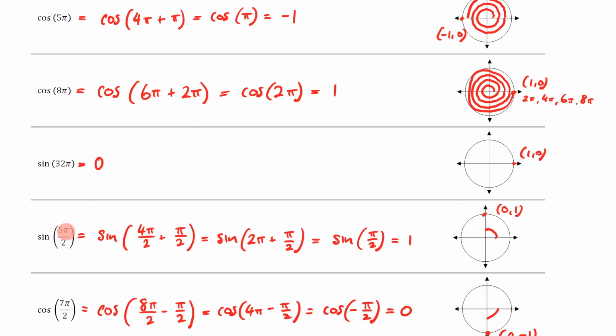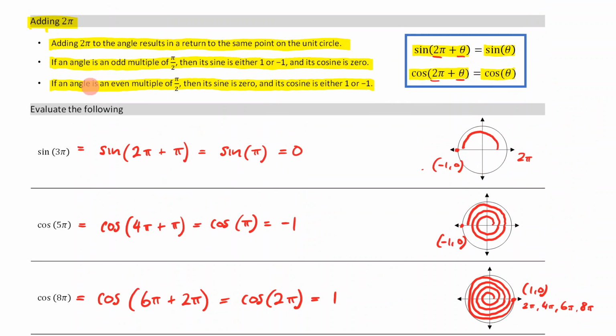And you can immediately say, well, sine of 5 pi on 2, I'm either going to be here or here. And because it's sine, I know that it's either going to be positive 1 or negative 1. That's what it's saying here.